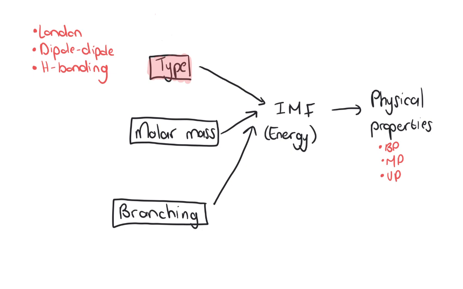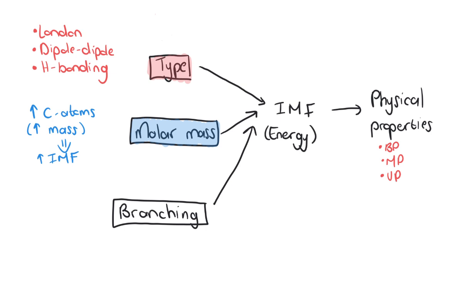And then we also have the molar mass, or the number of carbon atoms. That is the second factor, the size of your molecule. So what happens is, as the number of carbon atoms increases, the molecule becomes larger, and larger molecules have more electrons and a larger surface area, and this strengthens your London dispersion forces between the molecules.